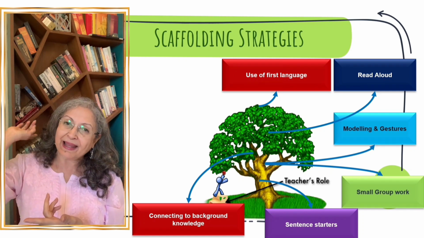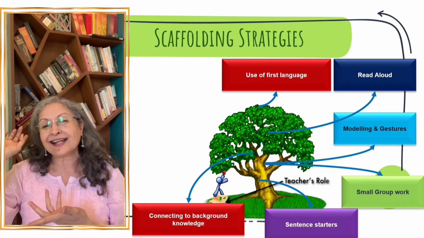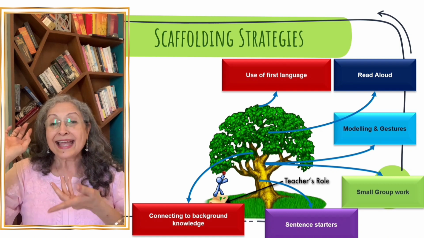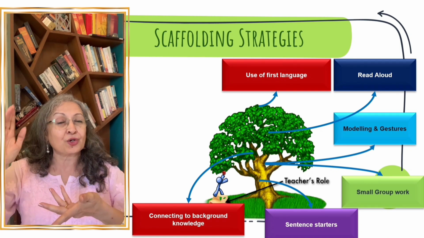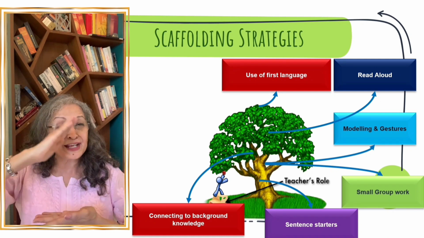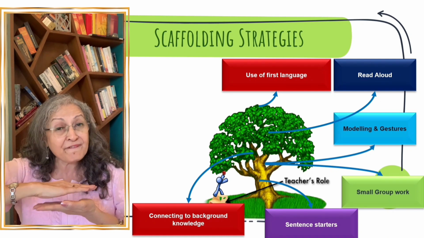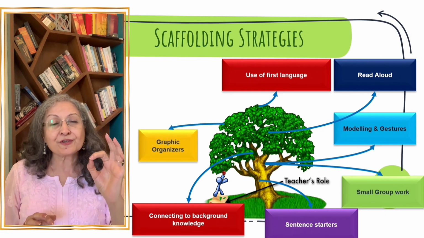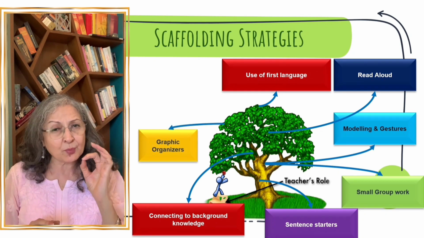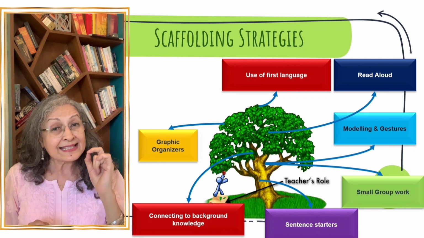Whenever we connect to background knowledge, so at the beginning of the class, we say activate prior knowledge, and that is also scaffolding learning, because you're bringing out the brick of knowledge on which new mortar needs to be fitted and a new brick of knowledge needs to be fixed to make the wall strong. Use of graphic organizers is a very powerful strategy for scaffolding.